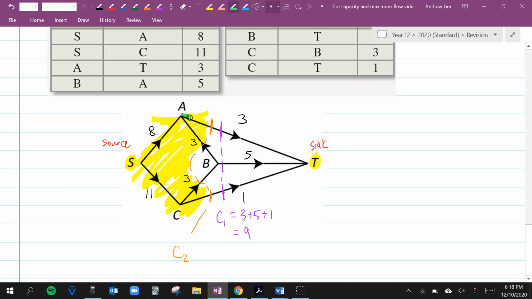The start of it goes through this edge. Okay, that orange cut, and the start of that edge is right there, highlighted. We add that. It goes through this edge, and the start of that edge is actually over here, because if we're looking at the arrow where it's pointing, this is the start, and that's not highlighted, so we don't include that 3. Okay, it goes through this edge, start of that edge is highlighted.